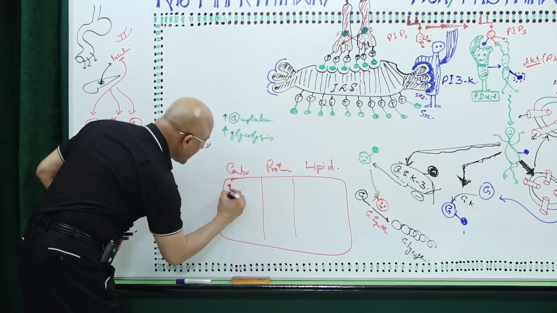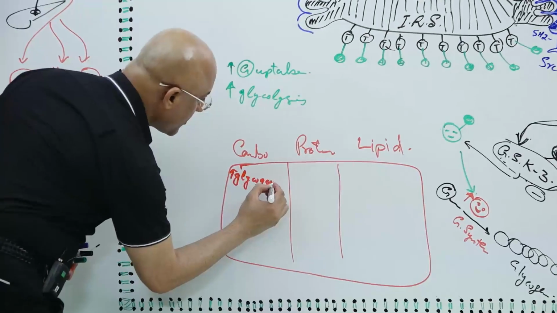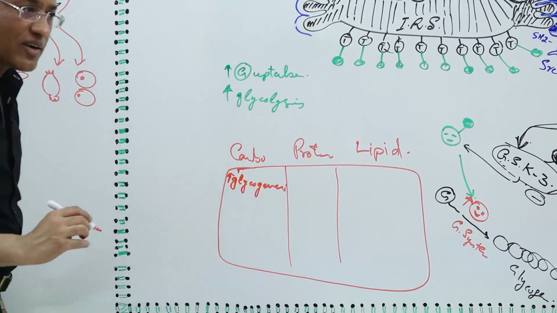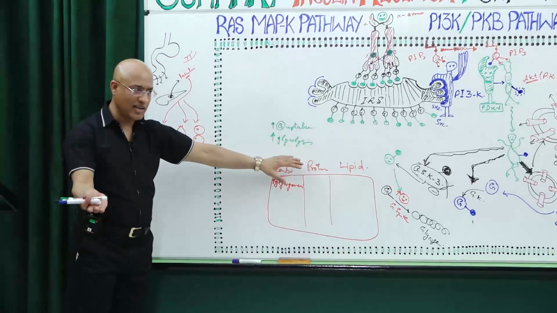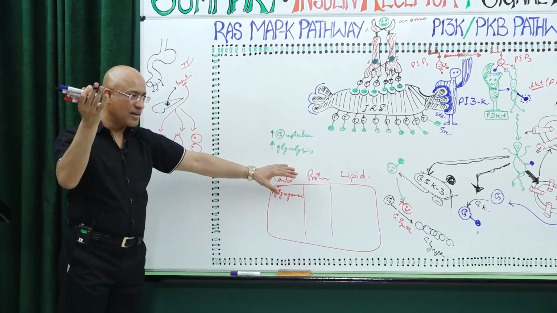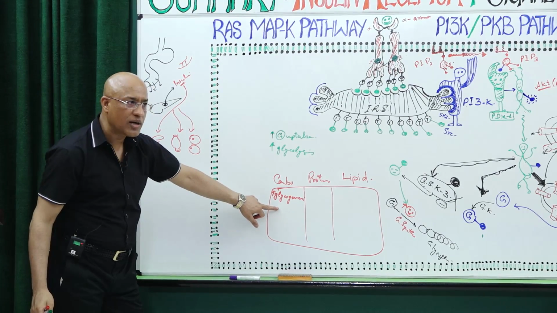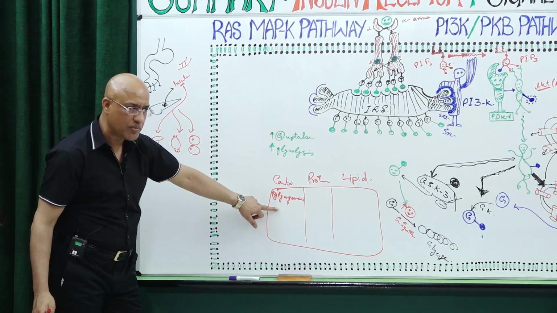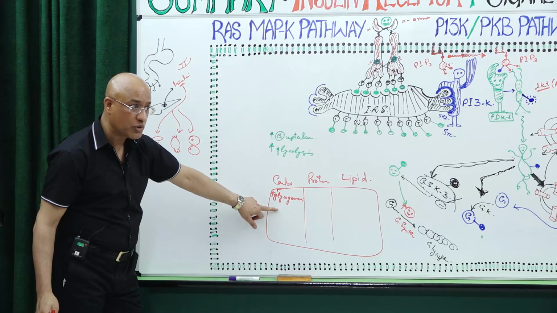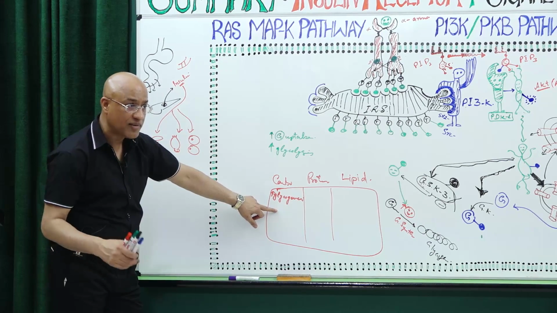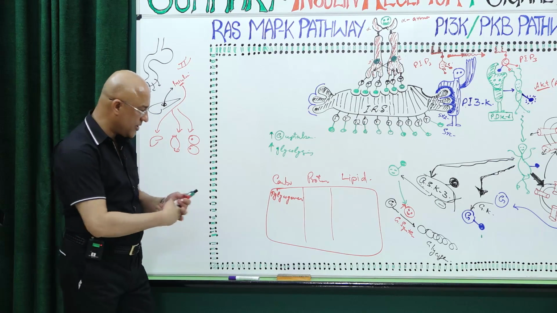So we will write here, there is increased glycogenesis. Is that right? Now, when nutrients are more, we should make glycogen more. But do we need more breakdown of glycogen at this moment? No. When a lot of glucose is coming, we don't want to break down the previously made glycogen. So glycogenolysis should be inhibited.